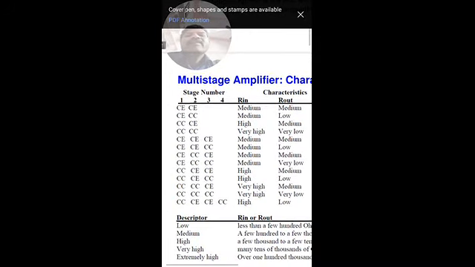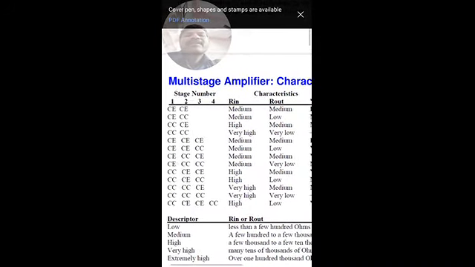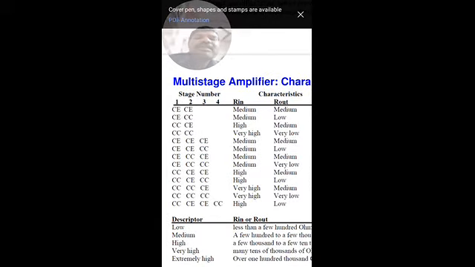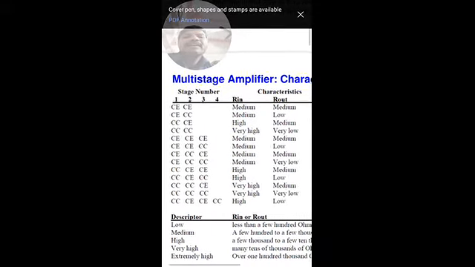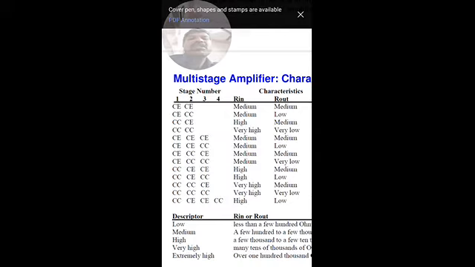But we have high voltage gain in the CE amplifier, so the gain of the first stage is amplified further in the second stage, and we are getting a very high voltage gain at the output of the second stage.